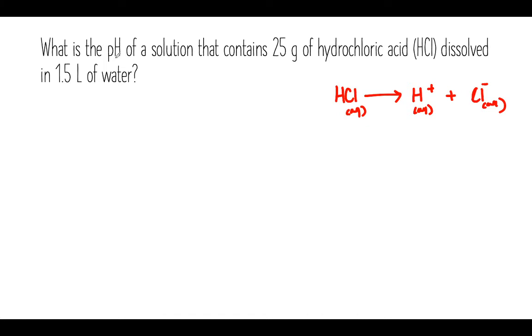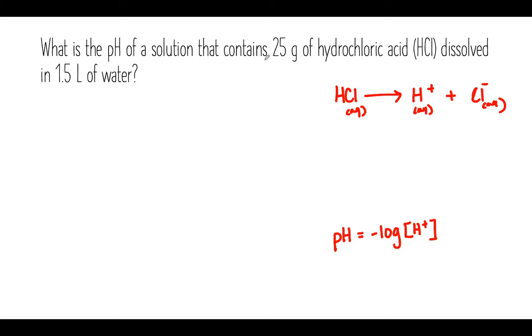Okay, and I know that I'm asked to find the pH. The only formula that I know that allows me to solve for pH is negative log of the concentration of H+. Right, so I have to find the concentration of H+ ions in this particular solution with 25 grams of hydrochloric acid.